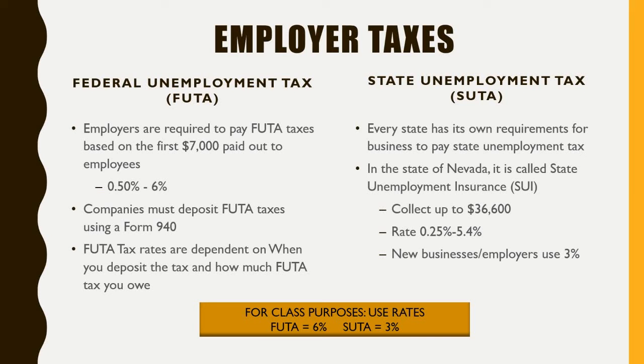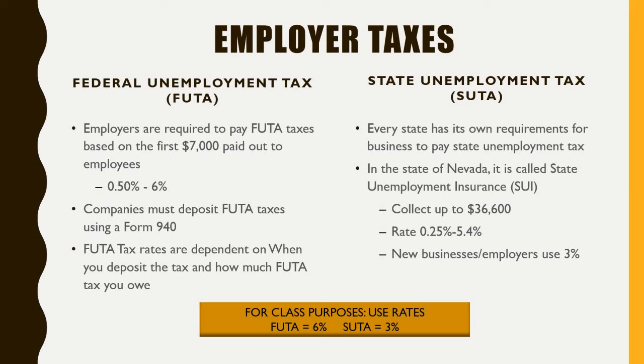Okay. In this case, it can vary between 0.5% to 6%. Now, in this case, why is this a range? It really depends on how many employees you have in your company, what kind of company you are. So, are you a sole proprietor or a corporation? And it's also going to be determined based on how much you owe. Okay?